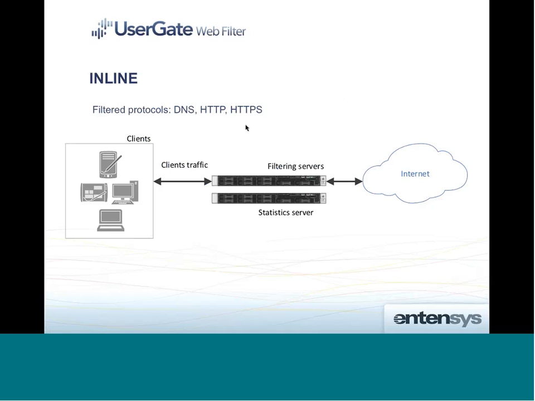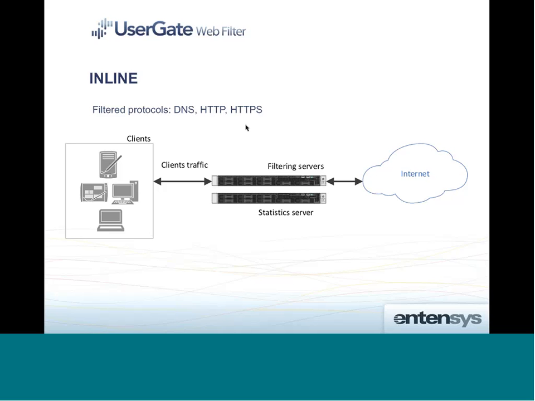All clients' traffic goes to our appliance, and then it goes to the internet. In this case, you don't need to do anything with networking at all. If it's a small office, that's probably the easiest way. All DNS requests, all HTTP and HTTPS, will be automatically picked up by our filtering server and filtered.